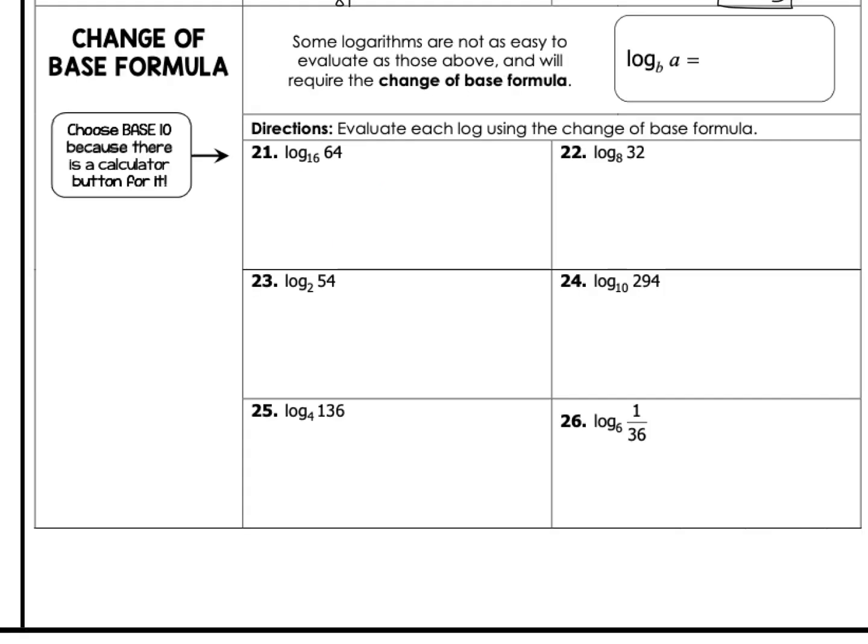So what the change of base formula says is if I have log base b of a, I can do log of a divided by log of b, and then my lovely little calculator will solve it for me. And it's beautiful. What we're doing is putting it in base 10 form and then using base 10 to divide each of these, okay?